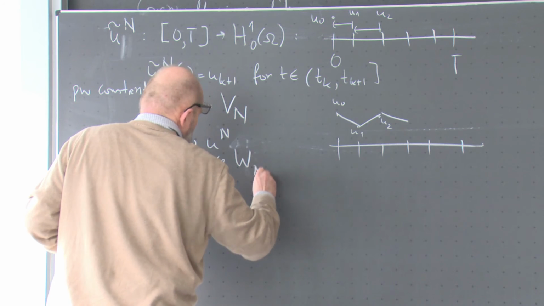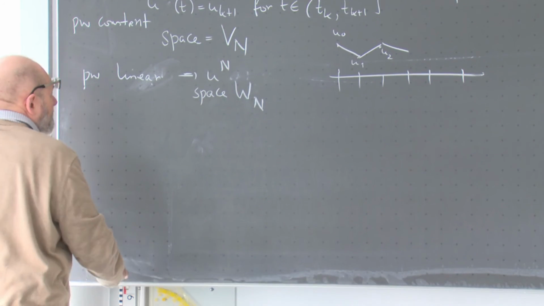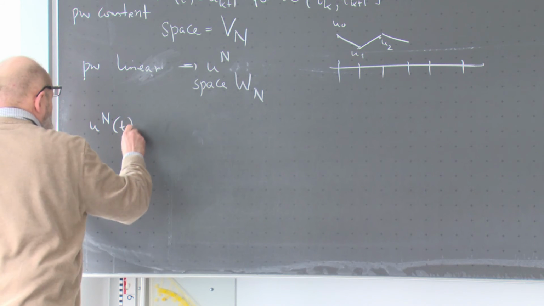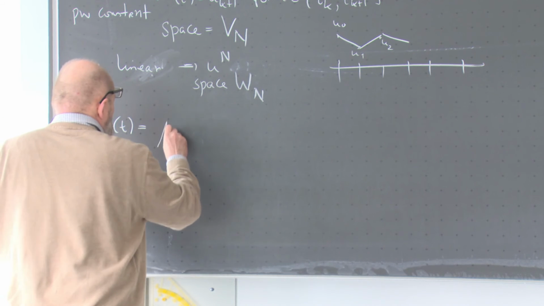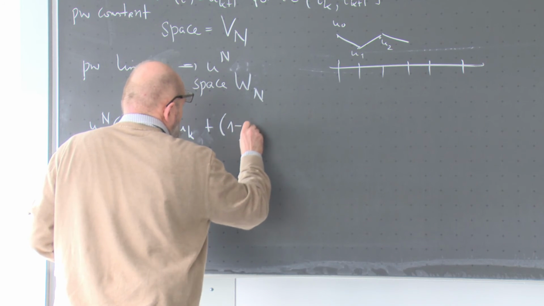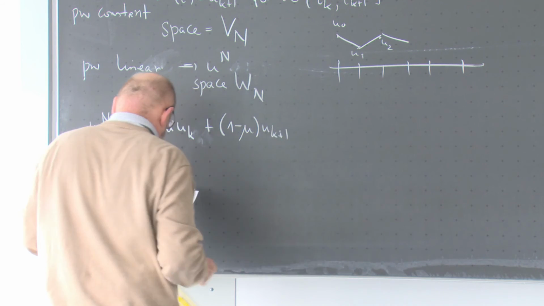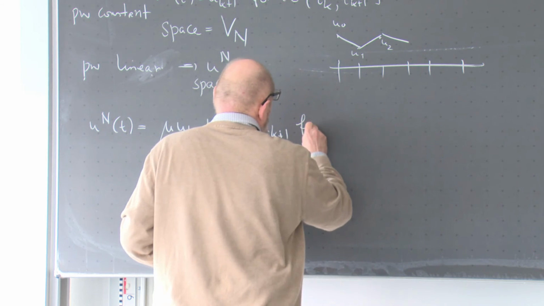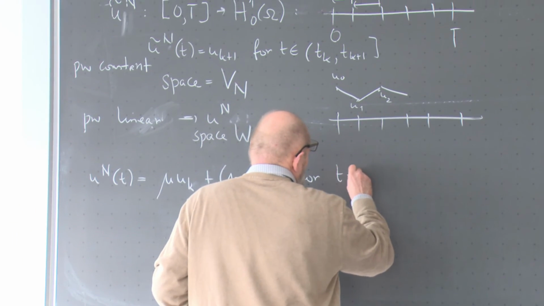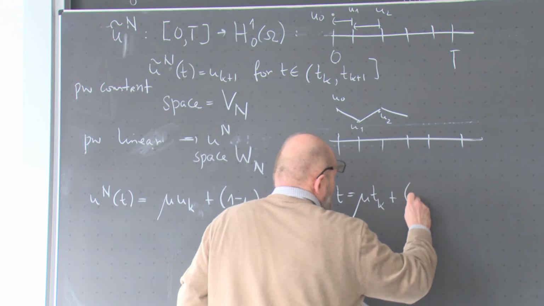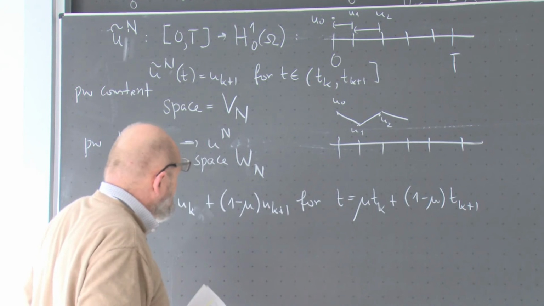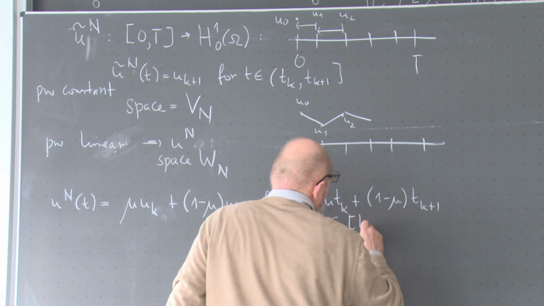And the definition is just affine linear interpolation: u_n(t) is a linear function in t which connects u_k and u_{k+1}, given by the corresponding convex combination of the t in terms of t_k and t_{k+1} in the corresponding interval.